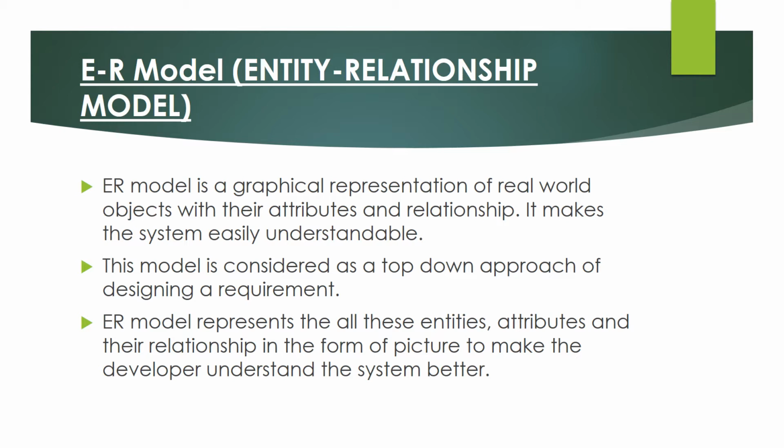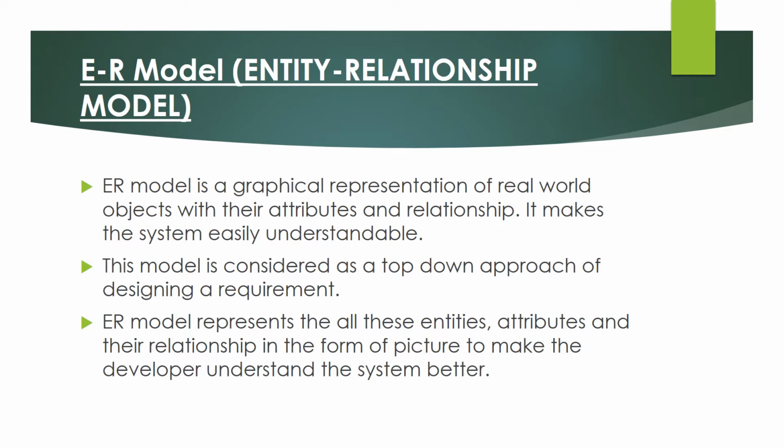The ER model is a graphical representation of real world objects with their attributes and relationships. It makes the system easily understandable, and it represents all these entities, attributes and their relationships in the form of a picture to make the developer understand the system better.